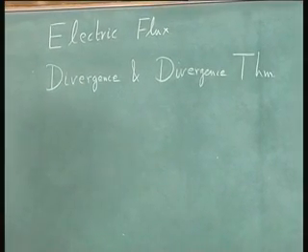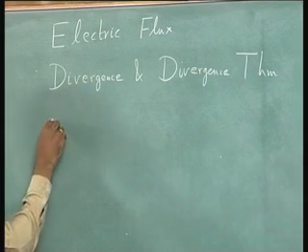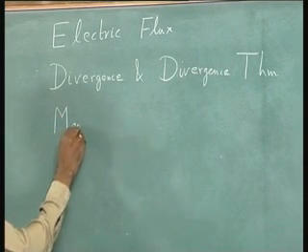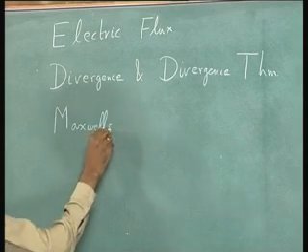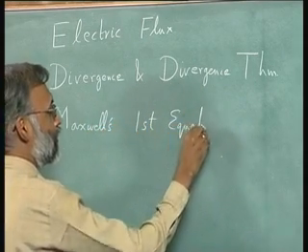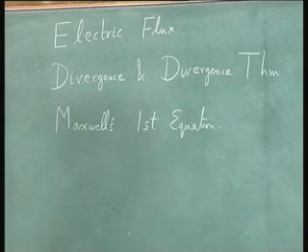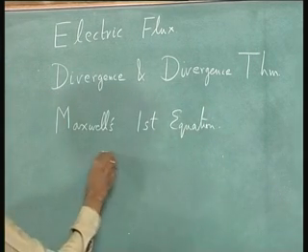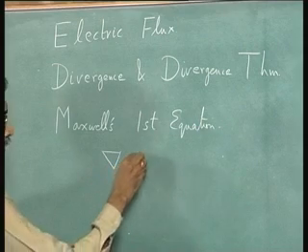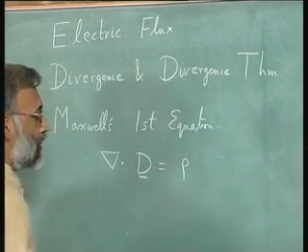and from this we will obtain the most important result, namely Maxwell's first equation. The equation we are trying to work towards is divergence of flux is equal to charge density.